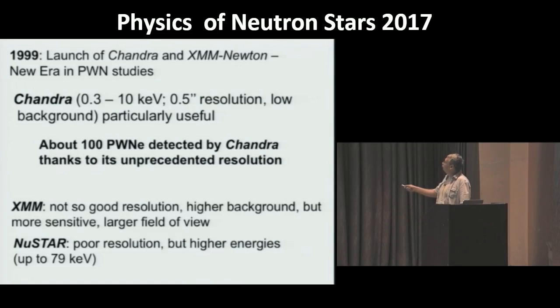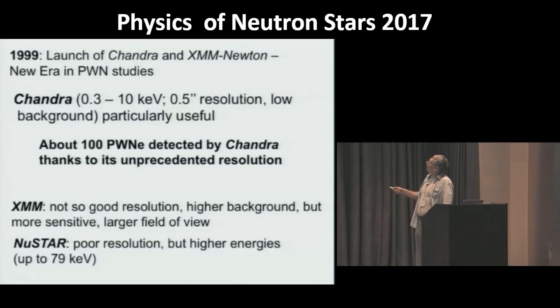So both observatories are useful, but Chandra is particularly useful for compact or very faint pulsar wind nebulae. By now, if you count all these little tiny faint pulsar wind nebulae, probably around 100 pulsar wind nebulae have been detected in X-rays, right? And then more recently, there is also a hard X-ray telescope, NuSTAR, that also has poor resolution, worse than XMM, but it goes to higher energies.